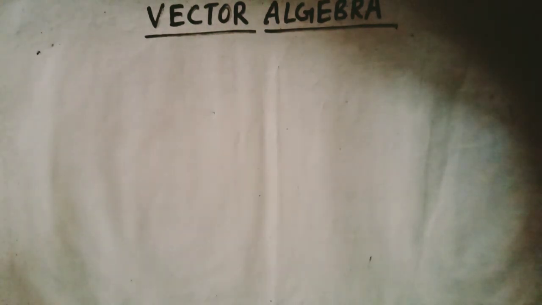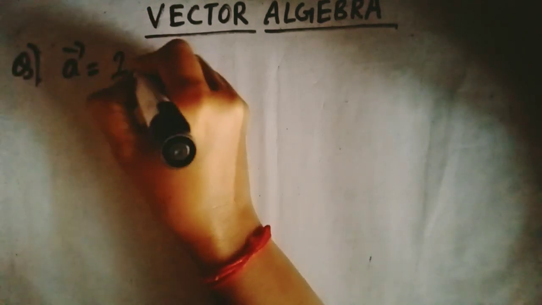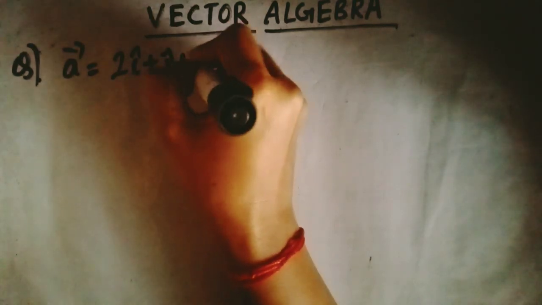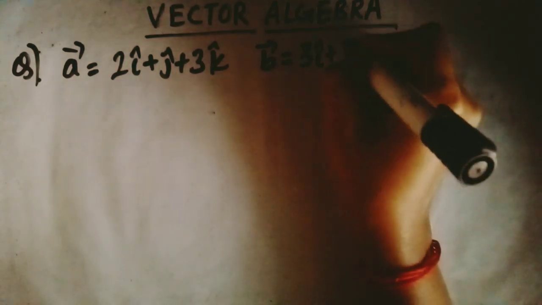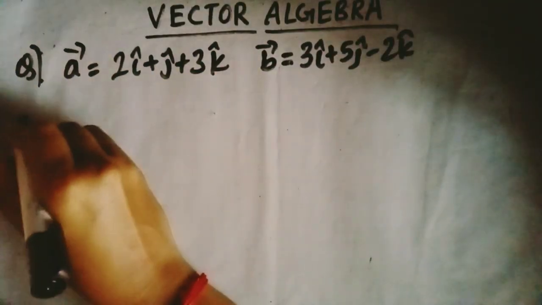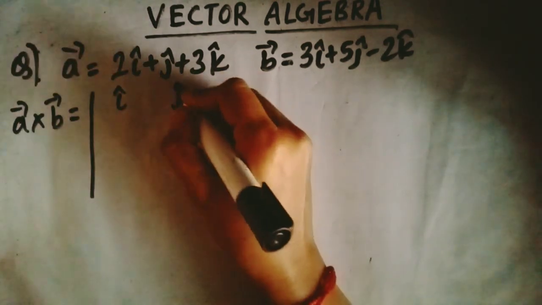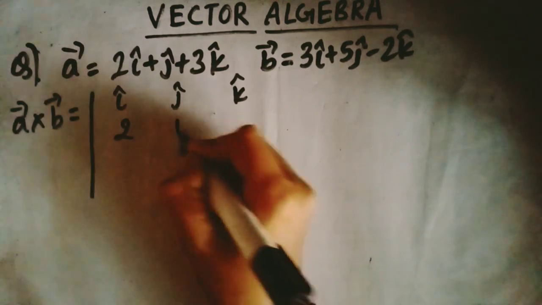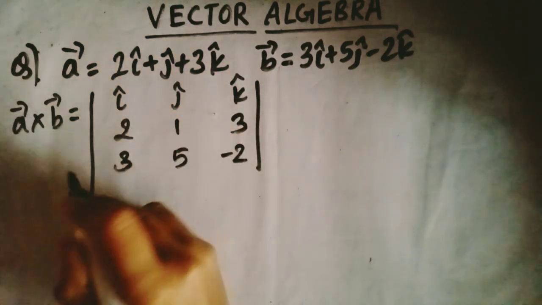Let's solve some examples. Say you have to find mod of A cross B. A vector is given 2i plus j plus 3k, and B vector is given 3i plus 5j minus 2k. Now A cross B is the determinant: i, j, k, 2, 1, 3, 3, 5, minus 2.